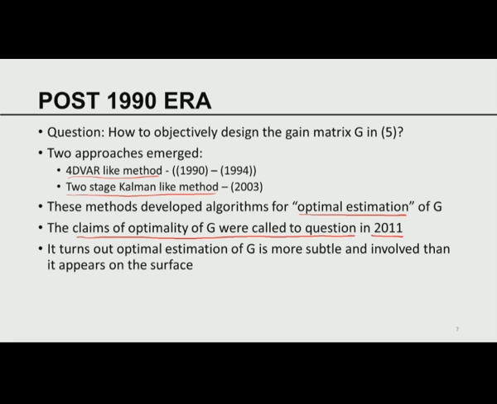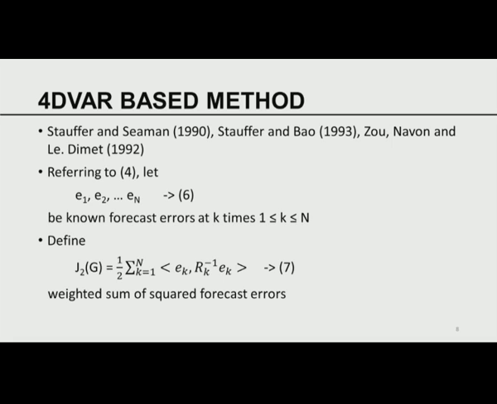It turns out the optimal estimation of G is more subtle and involved than it appears on the surface when you read the papers on 4D-Var-like methods as well as two-stage Kalman-like methods. We are going to talk about both the methods as well as some of the problems associated with the methods and ways to go around some of these challenges. So, 4D-Var based methods.